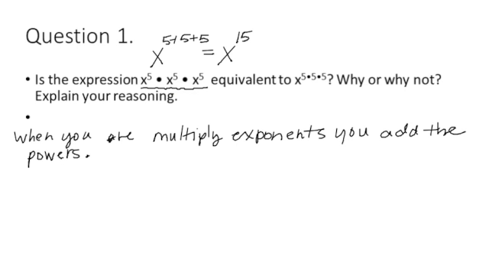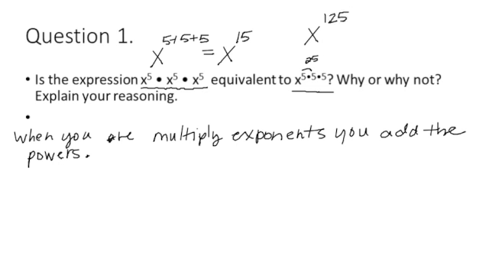Now, what is the value of this expression? Well, this is not that property. This is simply multiplication. X raised to the 5 times 5, which is 25, times 5, which is 125.